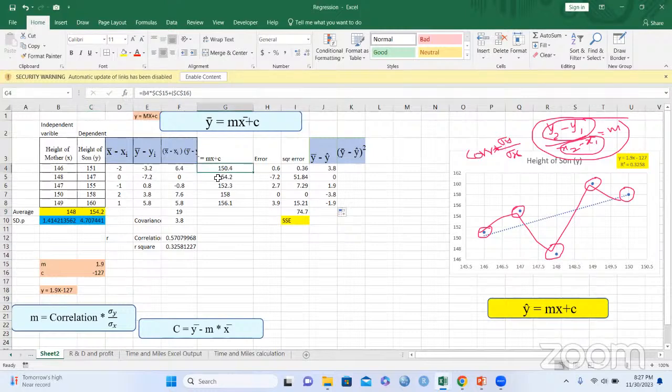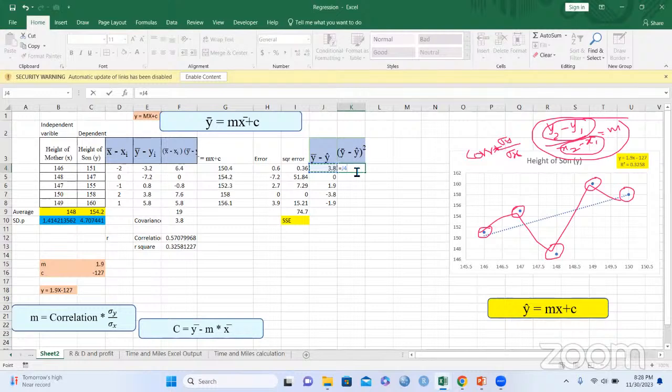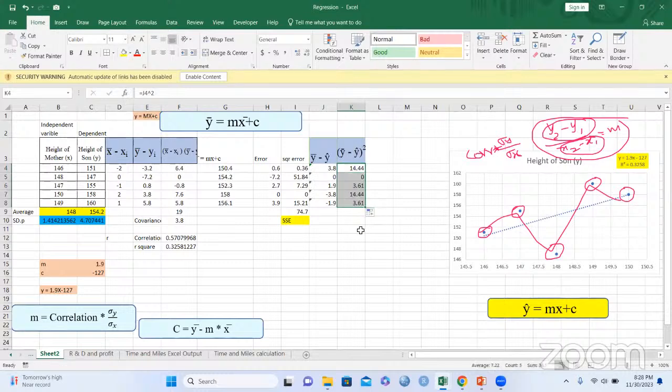154.2 minus this value, like that. So if I try to find out the square of this value, and the sum of these values, that is called SSR, sum of squares due to regression.